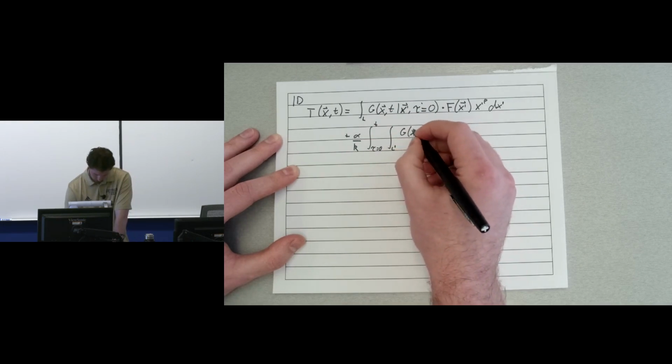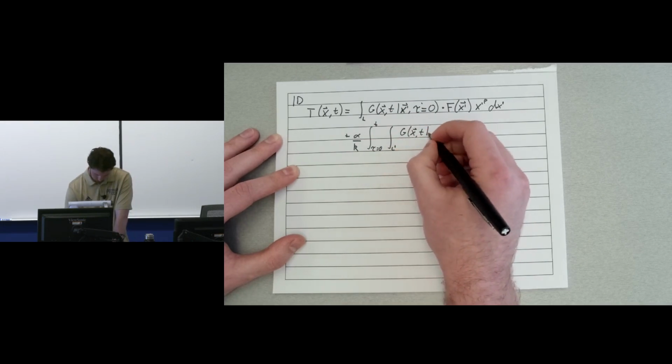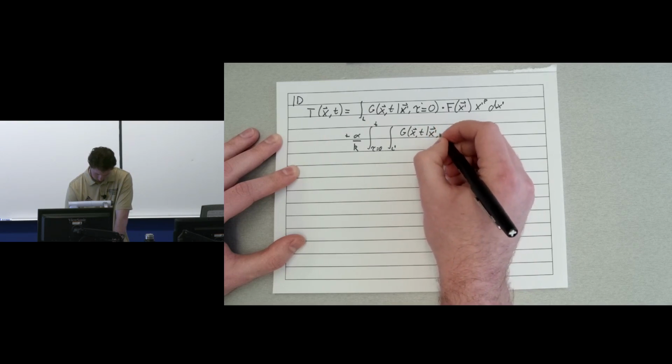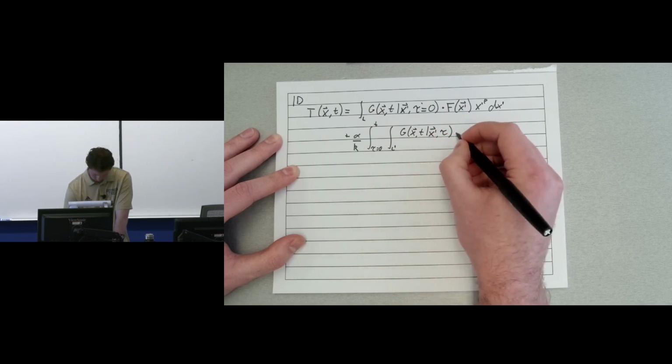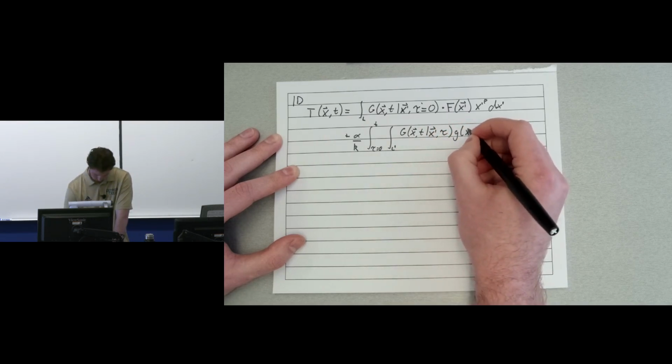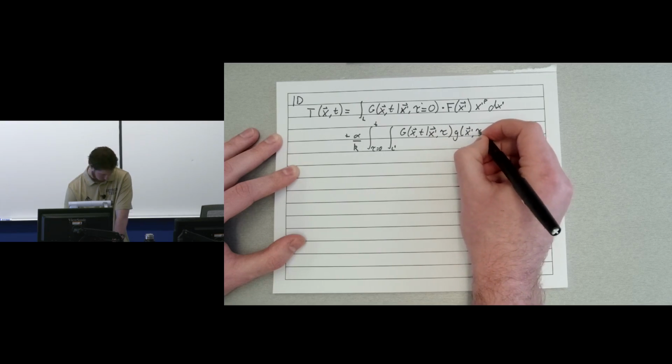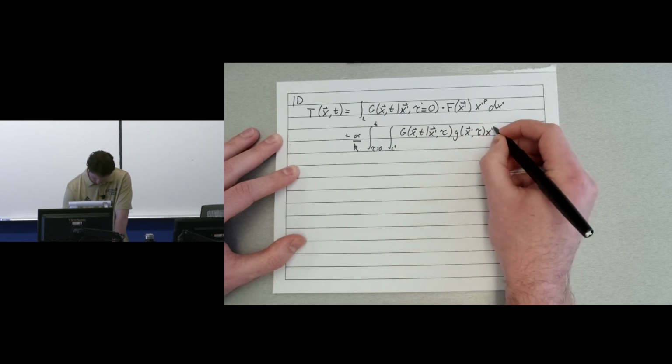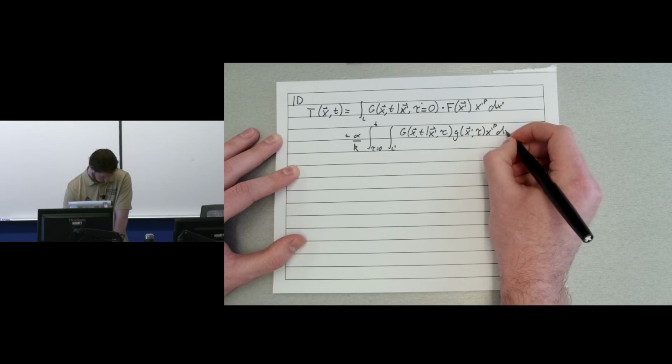G of x, x prime, our impulse, times our generation, this constant again.